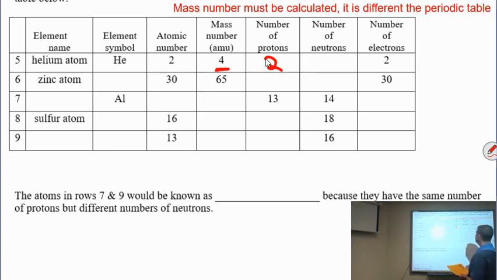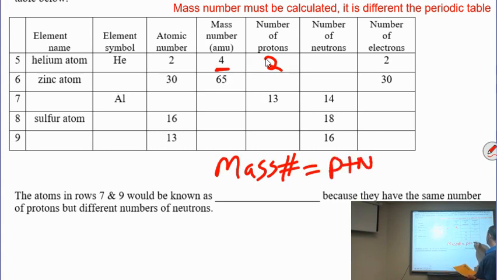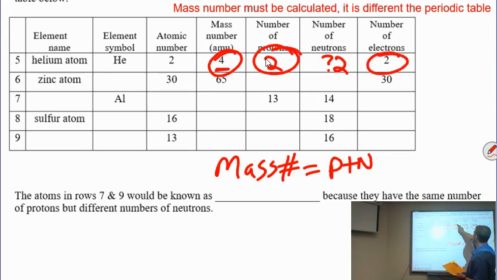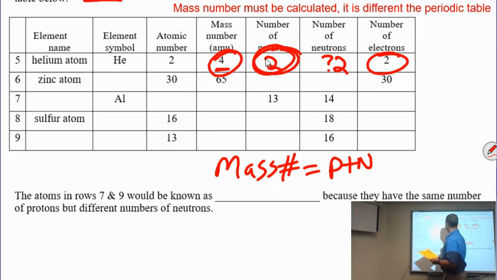And we learned earlier that the mass number is equal to protons plus neutrons. So I have 2 protons. I don't know how many neutrons, but the whole thing has to add up to 4. So the number of neutrons must be 2. And we have 2 electrons and 2 protons because all of these are neutral, and that's what neutral means.